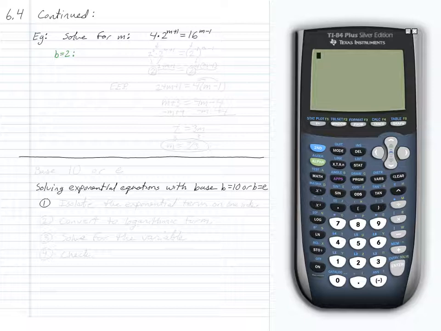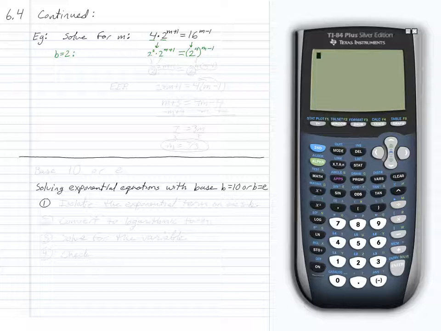Now my left-hand side contains a factor as well as an exponential part, but that factor is also a power of 2. So if I rewrite the left-hand side as 2 squared times 2 to the m plus 1, I can also rewrite my right-hand side, recalling that 16 is the 4th power of 2, as 2 to the 4th to the m minus 1.